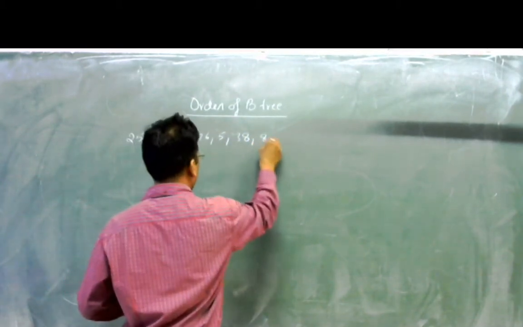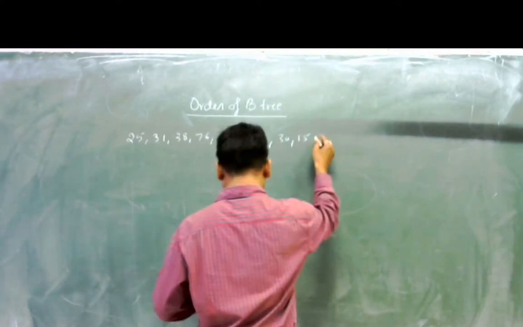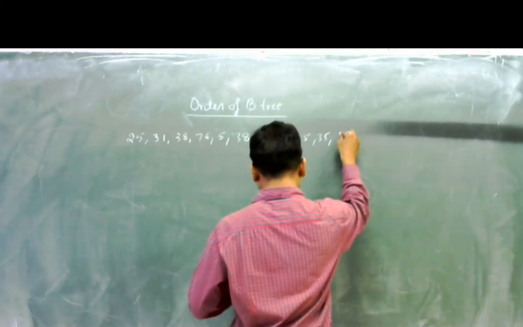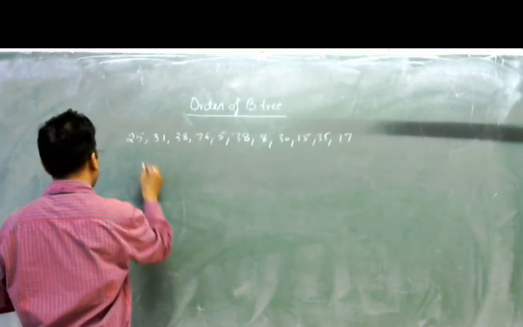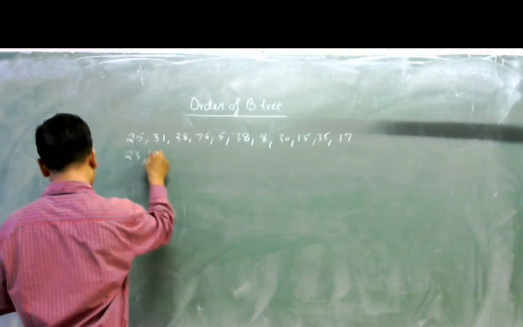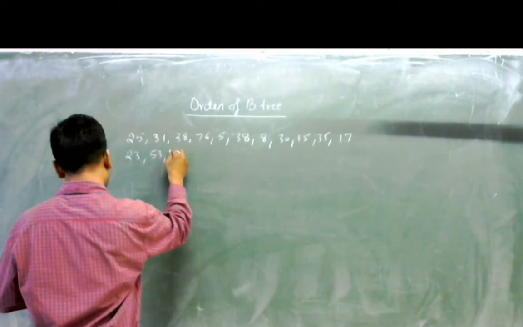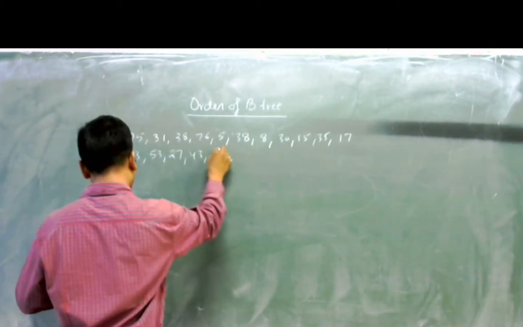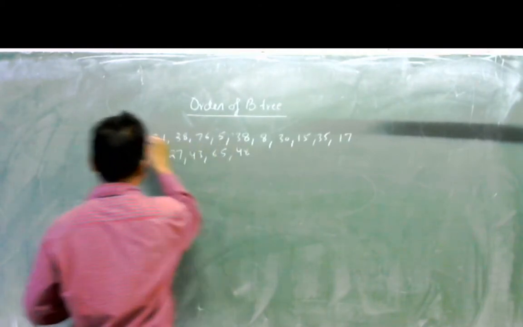38, 8, 30, 15, 35, 17, then 23, 53, 27, 43, 65 and 48.